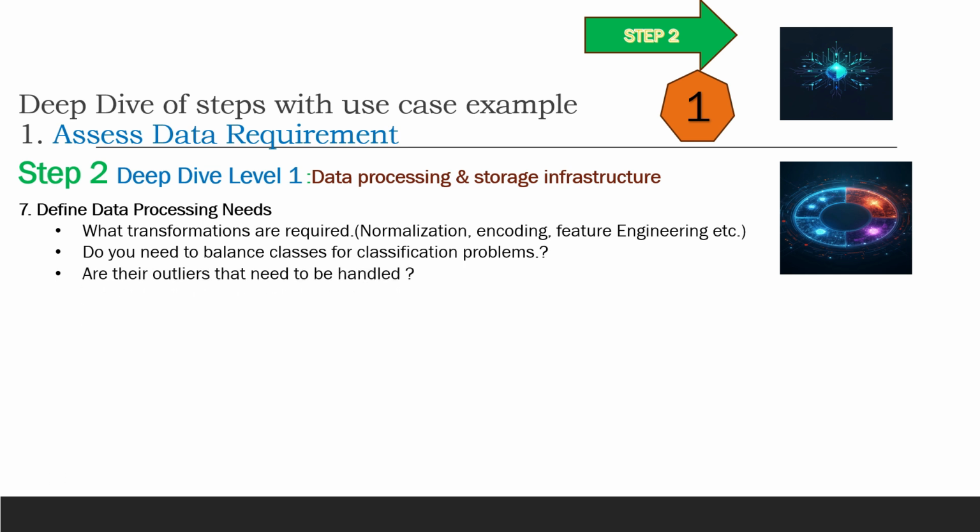Are there outliers that need to be handled? Yes, of course. If you have a lot of outliers, you may have a misleading outcome. For example, let's say for pizza delivery, the mean time is 30 minutes, and it's a very consistent delivery group.